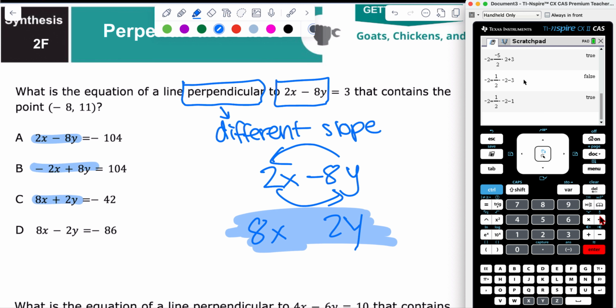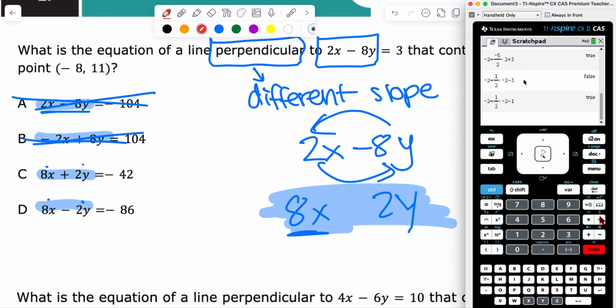If I look at this side, A is not good because it is the same as this one, so no. B is not good because it doesn't have 8x. C, 8x, 2y. This is good. So now we can try true and false. We have the point. Remember, -8 is x, y is 11.